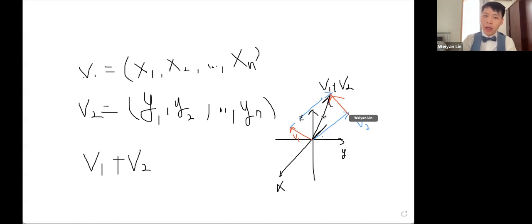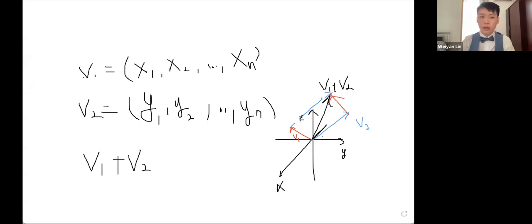Since you translate this to here, v1 plus v2 means that you go from the origin to the point here, and then you go from here to this point along the vector v1. So you can think of it as adding v2, which goes to this point, and then adding v1 afterwards to get to this point.